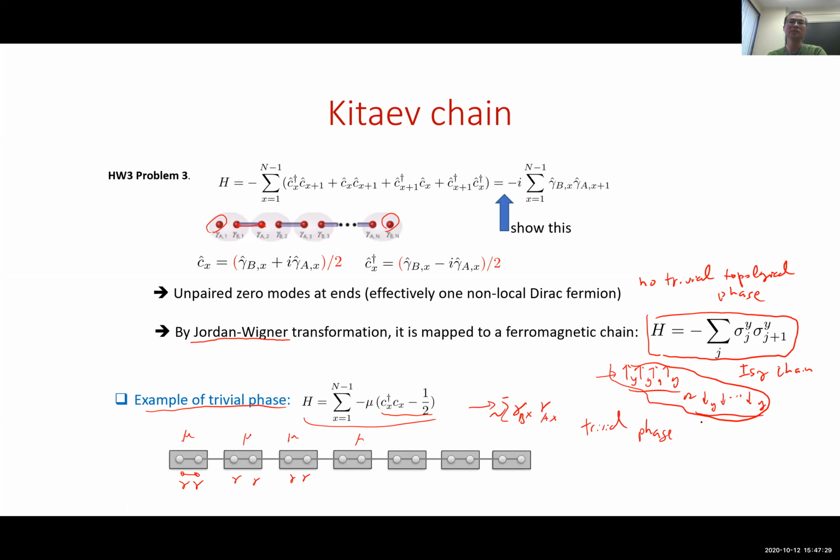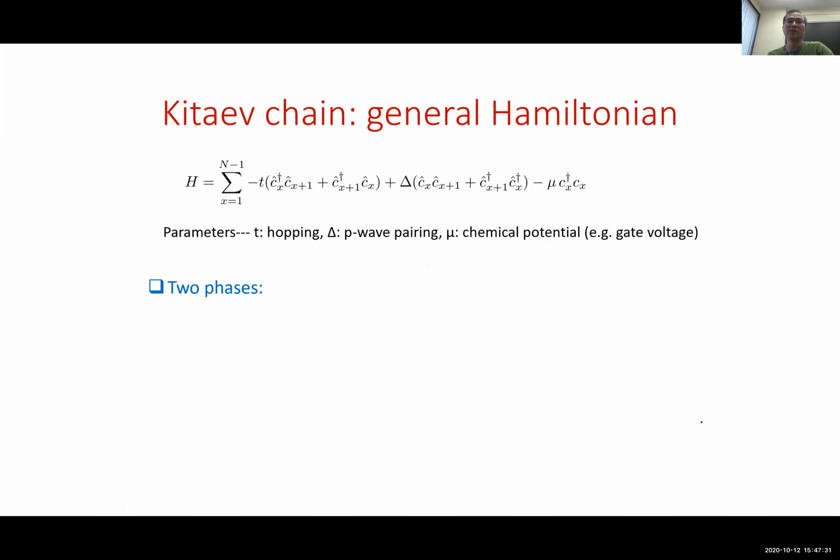Okay, and you can write this Hamiltonian in a more general way. Allow, for example, different parameters t, delta, and mu. So we already saw mu there. It's a chemical potential. It can be controlled by a gate voltage.